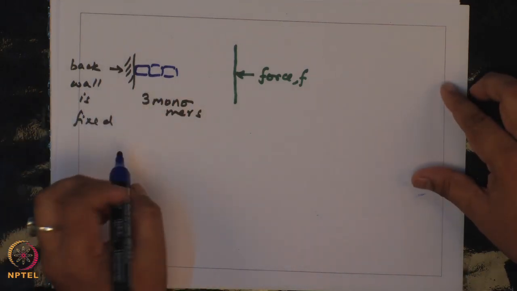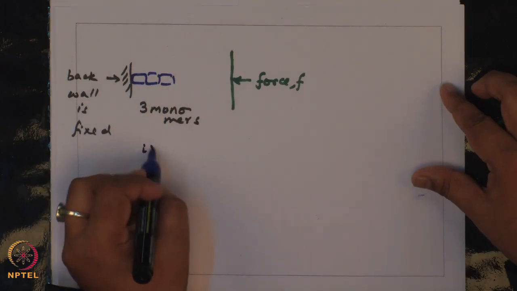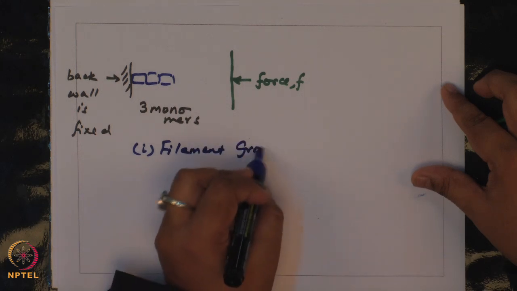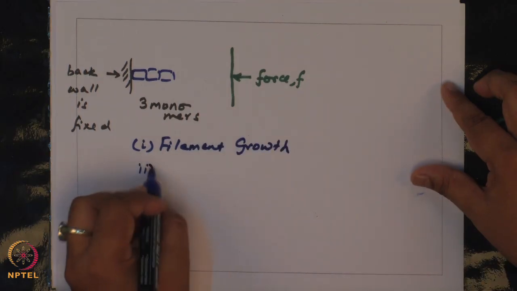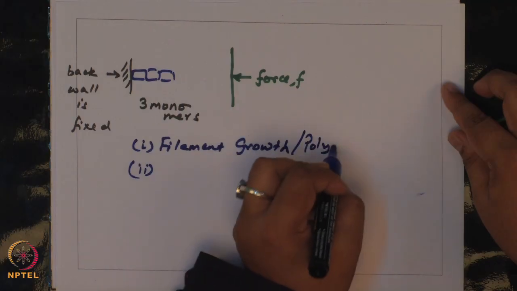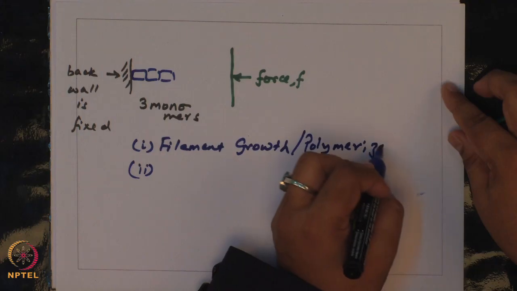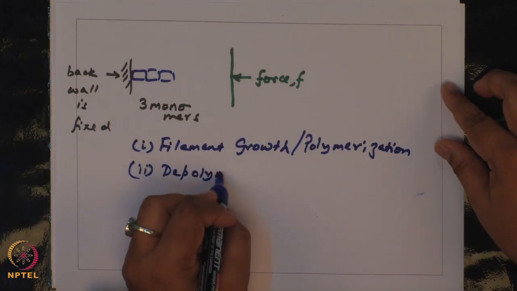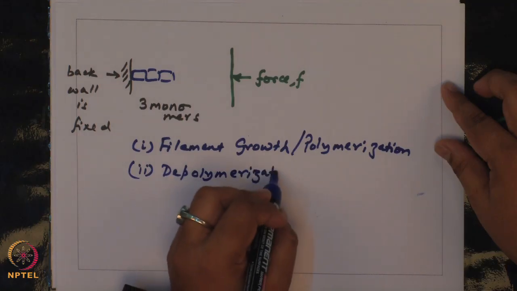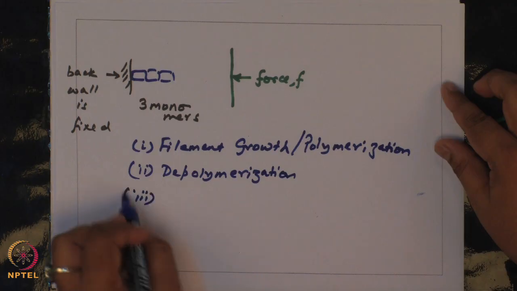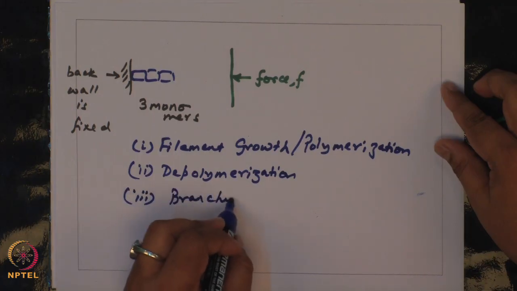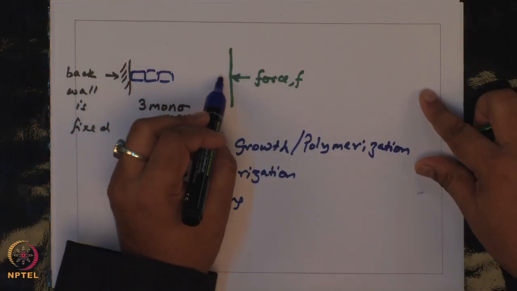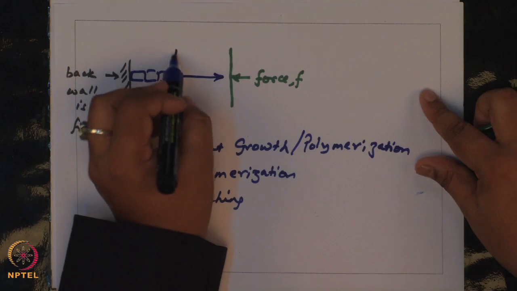The events that we discussed as possible are filament growth or polymerization, depolymerization, and branching. Let us assume the initial distance of the filament from the wall is d of wall.